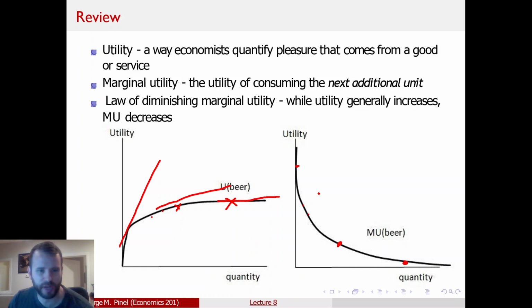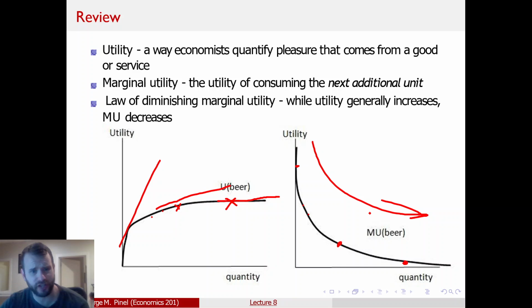But the bigger picture is just that marginal utility will drop as quantity increases. Okay, and there's nothing baked in about that. It's not a law in the sense of it always applying, but it tends to apply in the real world, and for that reason, economists will typically assume it in their models.